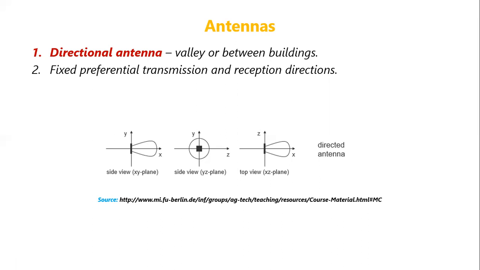A good example of a directional antenna is satellite dishes. We have dish TV. In dish TV, the dish is kept in such a way that it faces only one particular direction. The opposite direction it totally ignores, because the signal is going to come only from this direction, so it need not focus in other directions. Such antennas are called directional antennas.